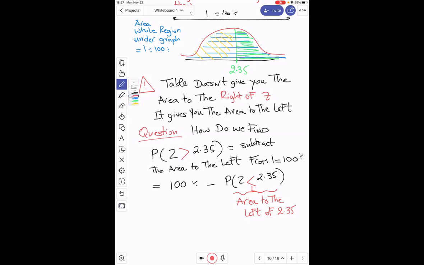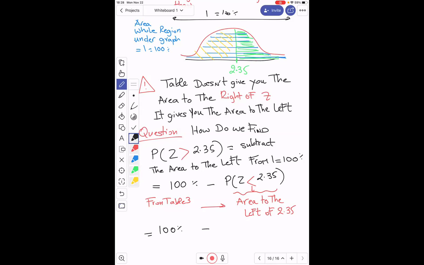All right, so then that's 100%, and the area to the left is given by the table, right? We can find this area using the table. So we're going to have 100% minus the area to the left of 2.35. Let me see my table, I'm going to double check.